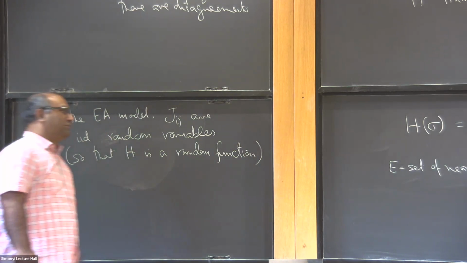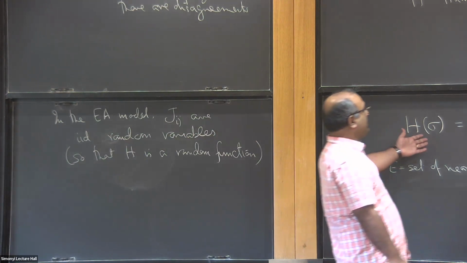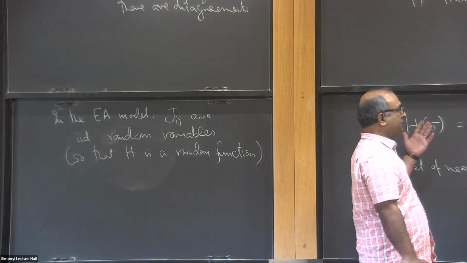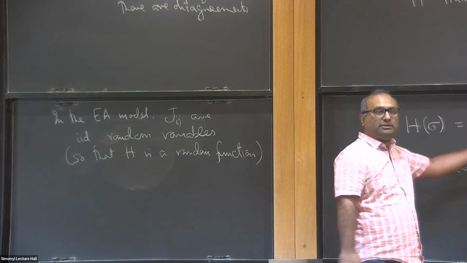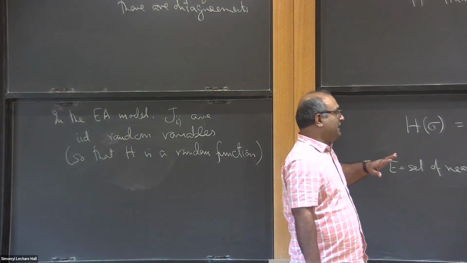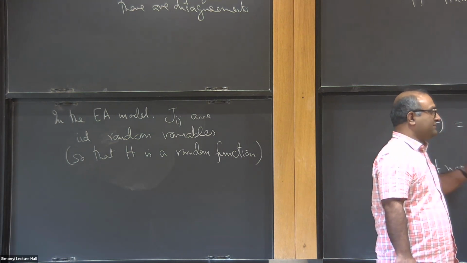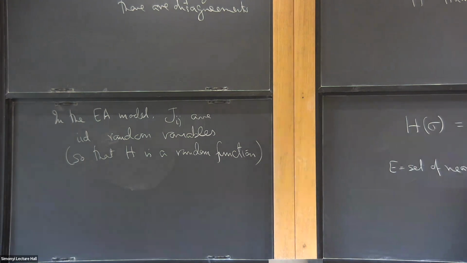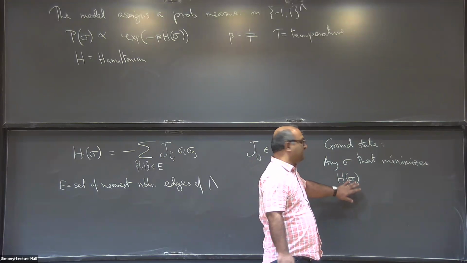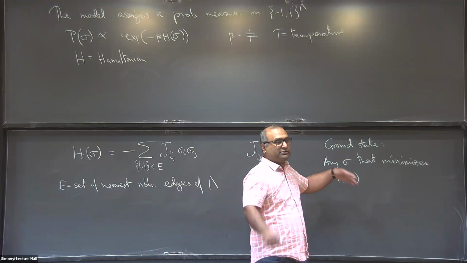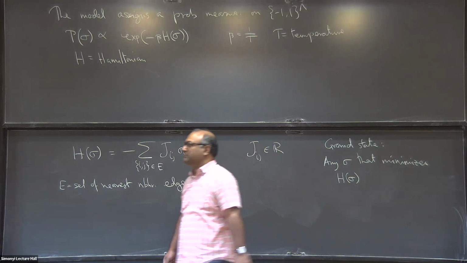As it stands, it's a very simple quadratic function on the configuration space. But as soon as you declare the Jijs are random, this becomes a random function, and the ground state is now any configuration that minimizes this random function. So the ground state is also random.